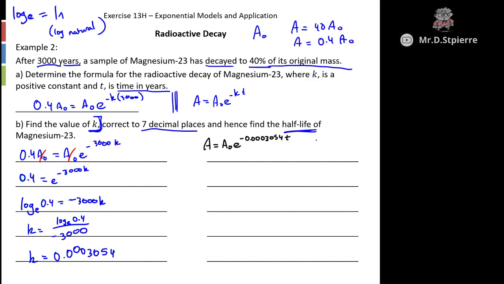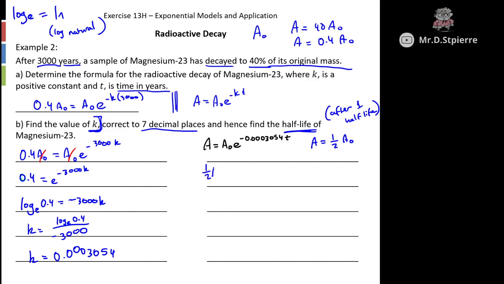Well, after one half-life, our remaining amount of material is equal to half the original amount. Okay, so we can substitute that in and cancel out our A naughts, and we're going to end up with just t left.